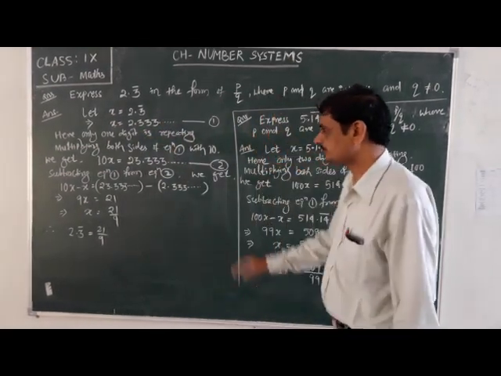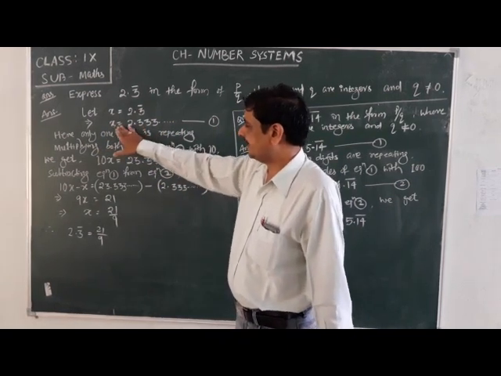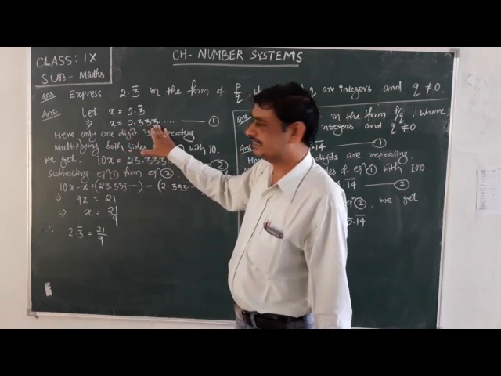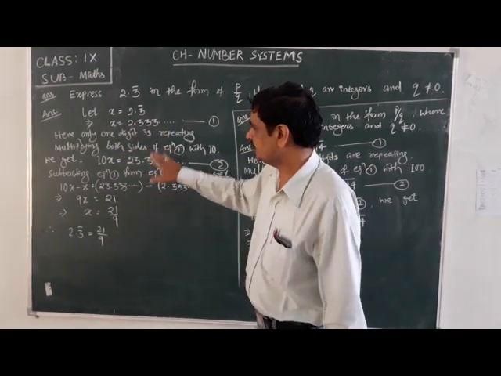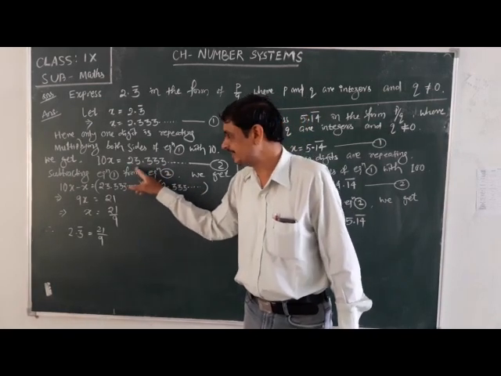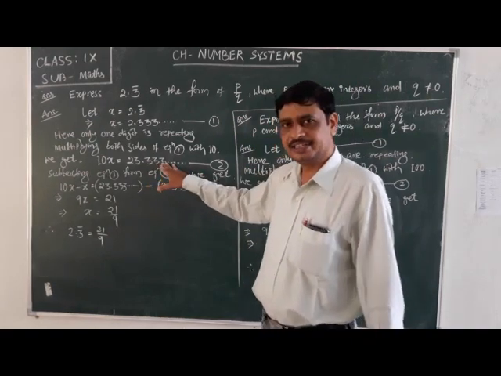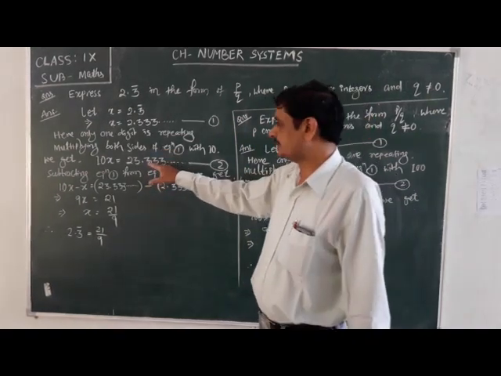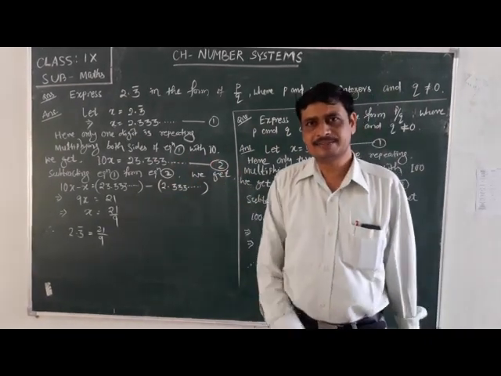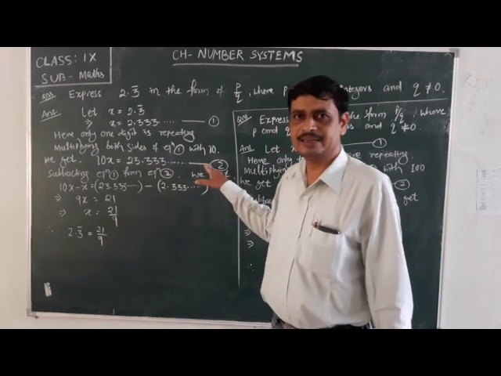Then we get 10x, and 2.3333 multiplied by 10 gives 23.3333, which is equal to 23.3 bar. Since this statement also has the decimal part containing repeating digits, we can consider this statement as equation 2.